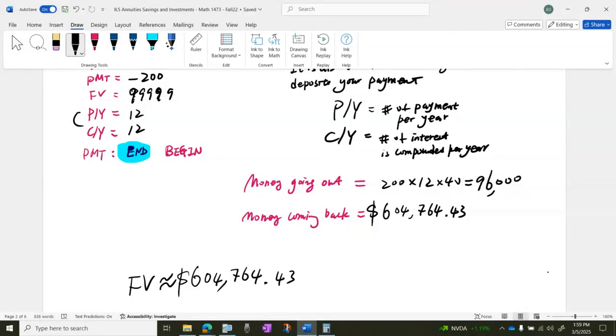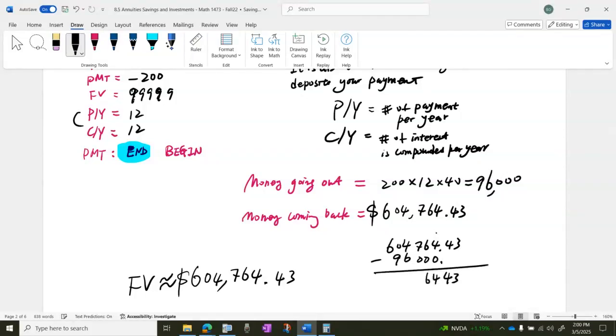So we use 604,764.43 minus 96 grand, 96,000.